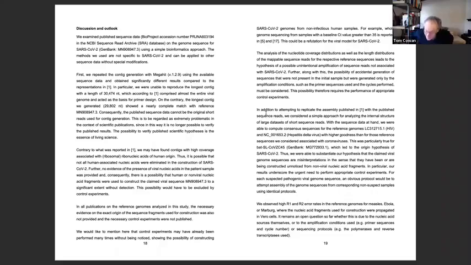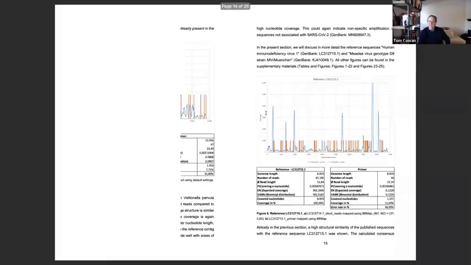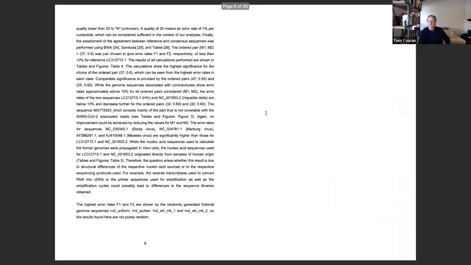So what does that mean? It means when they took the sequences that were in this published paper, and again, you can see these sequences are here.